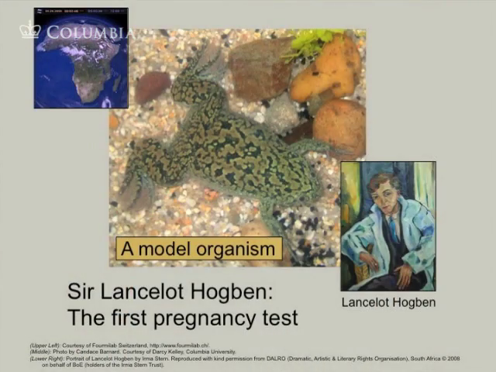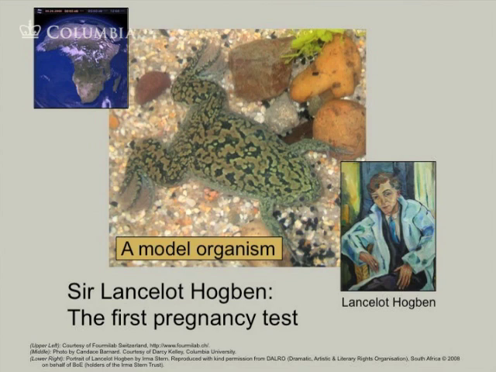So these frogs first came to the attention of modern day biology in the late 1930s because these were the animals in which the first pregnancy test was developed. And this test was popularized by this guy here, Sir Lancelot Hogben, an eccentric British scientist who was a great naturalist.